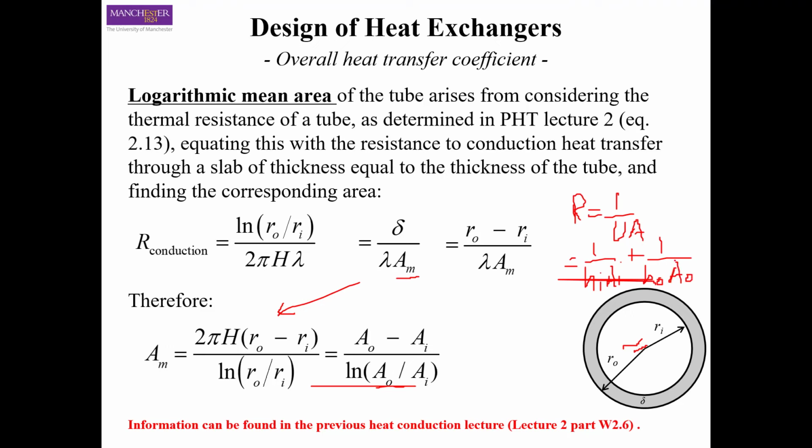If we have thin walls, we can write it like this. But if we have thicker walls, then we also need to account for the conduction resistance, and then we can use this equation as a whole. So if you need to calculate the value of U, you just use this equation and you can calculate U for a clean surface.